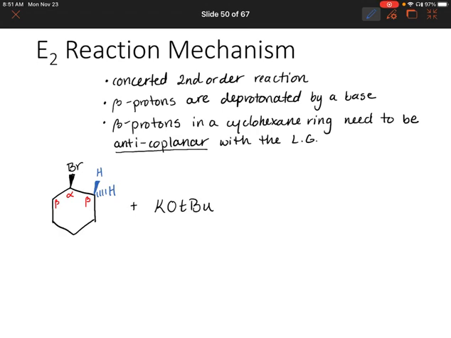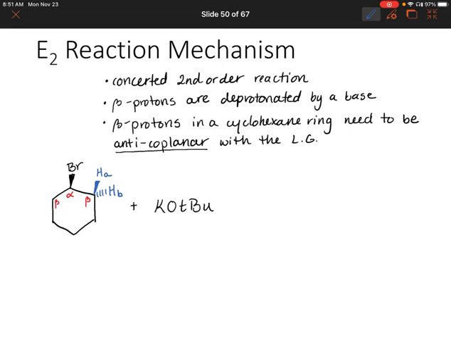And tert butoxide could take one of those protons, but it actually wants to take the proton that is anti-coplanar with the leaving group. So let's label our protons A and B.